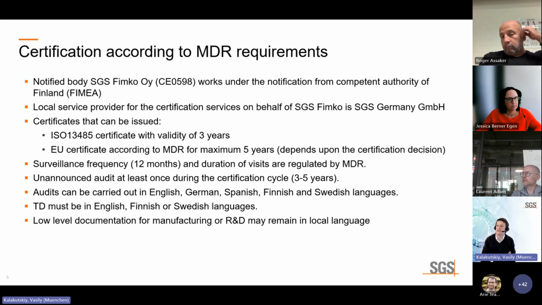So the answer is, of course, we need to be able to assess everything. But in case we talk about the instructions for the employees in a local language, it's not necessary to translate, but during the assessment, probably you will need to give us some comments in a language that we can both understand.